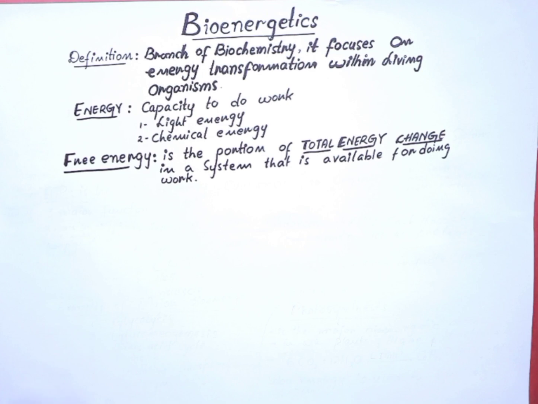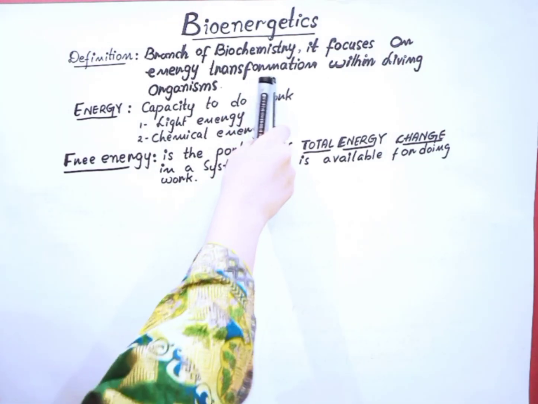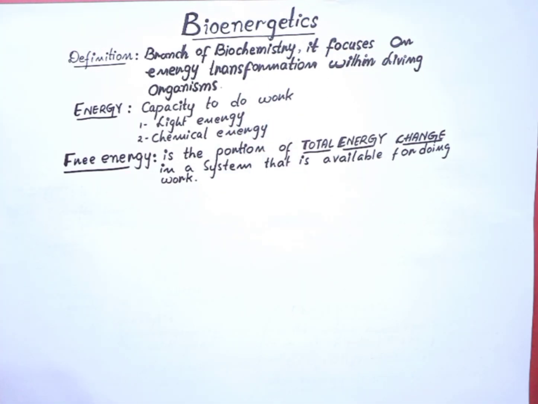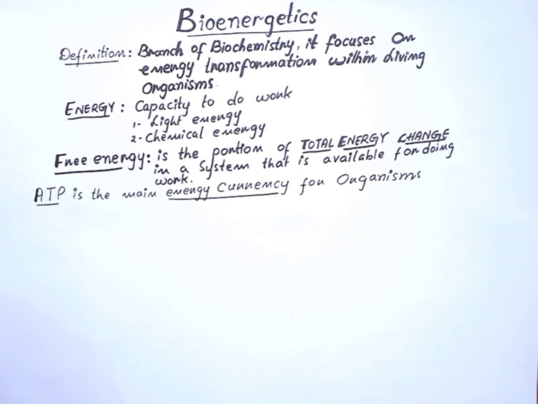Our life is dependent on energy transformations. Living organisms survive because of the exchange of energy between living tissues, cells, and the outside environment. So ATP is the main energy currency for organisms. It is the biochemical class of nucleic acid and the main source for most cellular processes.